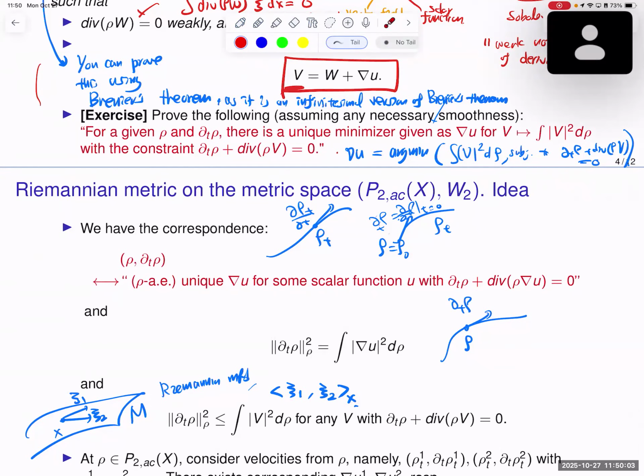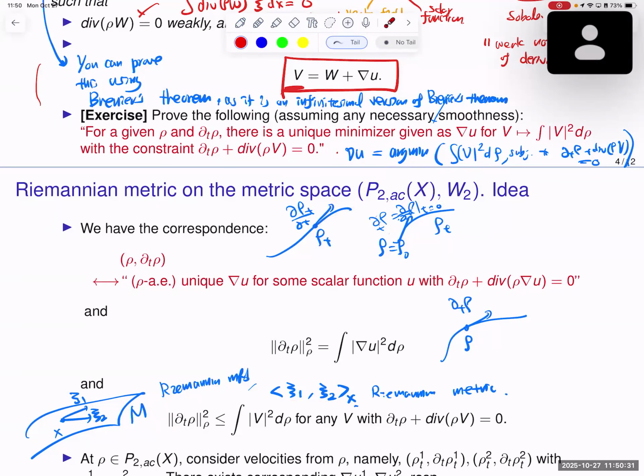Now we want to view our Wasserstein space as a Riemannian manifold, and we want to define such a Riemannian metric between two tangent vectors. When I say tangent vectors, they are nothing but the velocity vectors coming from curves.